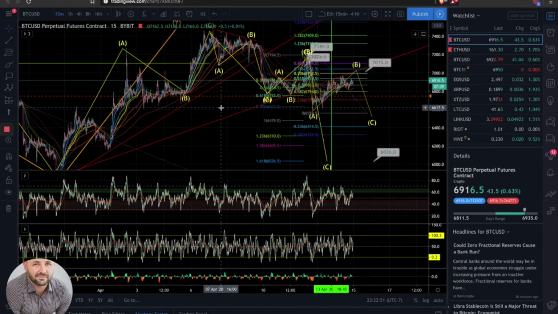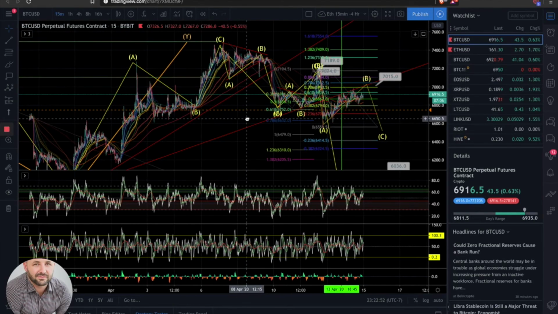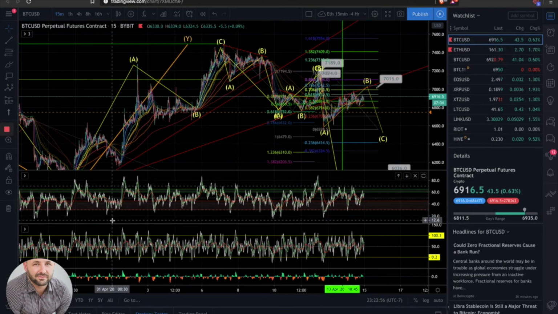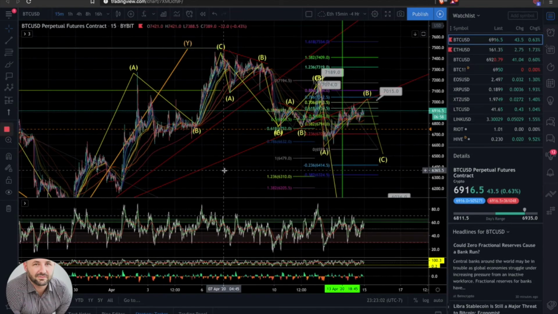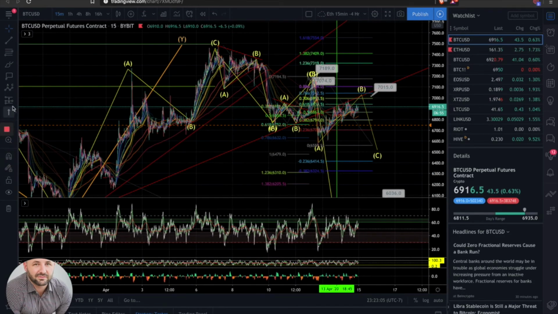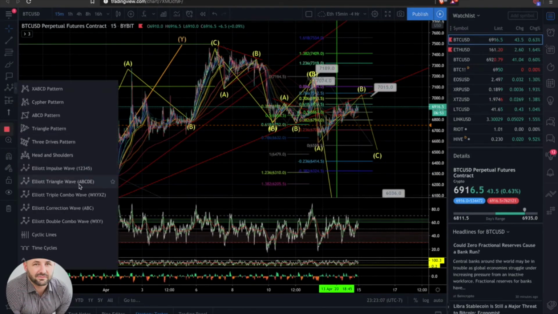And then another formation that may be fairly common for you guys to notice and pay attention to, something I called out before in one of my other charts, is the head and shoulders. And I can draw that real quick for you guys.